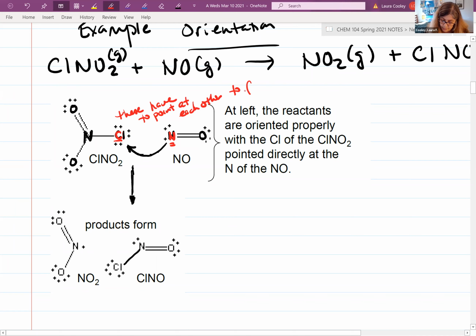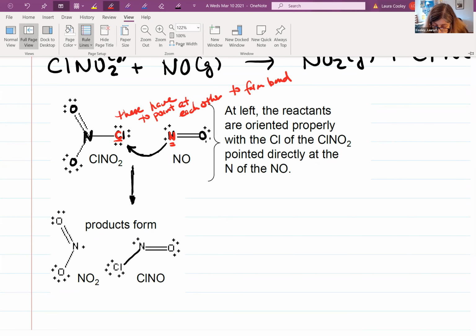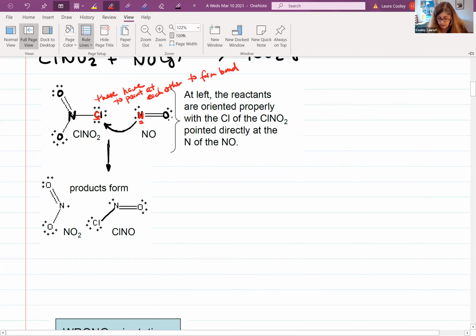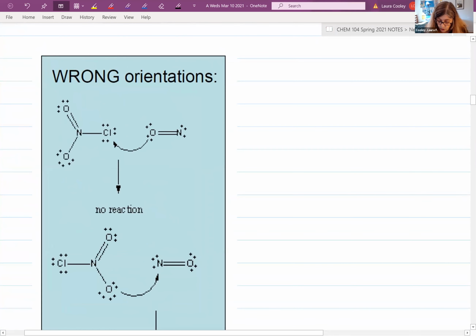I'm going to show you a couple of incorrect orientations. What if, instead of the N pointing at the Cl, the oxygen points at the Cl?